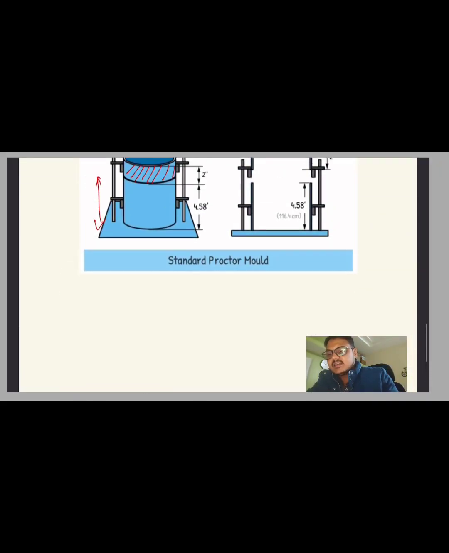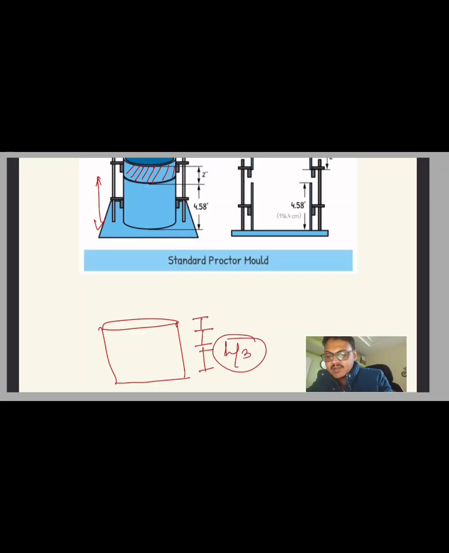In the standard Proctor test, suppose this is the actual cylinder, we divide it into three parts. Each part has a height of h by 3. We take the undisturbed soil sample and put in the first layer, and then we do hammering of 25 blows.